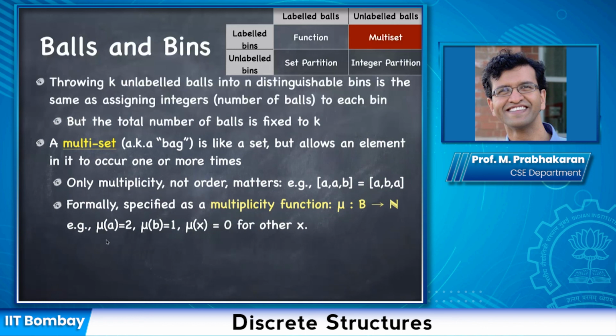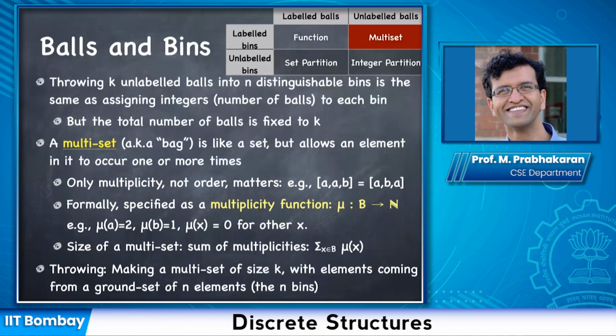So in this example, AAB, the multiplicity of A is 2, the multiplicity of B is 1, and the multiplicity of every other element is 0. So that's what a multiset is, fully specified by this multiplicity function. The size of this multiset is 3. In terms of the multiplicity function, it is the sum of all the multiplicities.